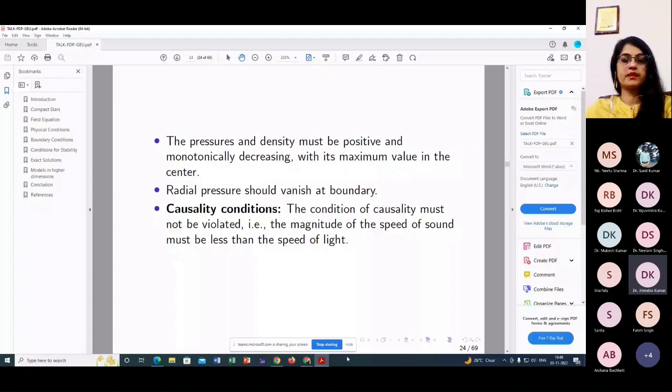Once we have the density of any model, means of any star, that is rho, it will be an expression in terms of r. Similarly, we will get p_r as a function of r, and similarly we can get p_t. The velocity in these models is defined by the square root of dp_r over d rho and dp_t over d rho.